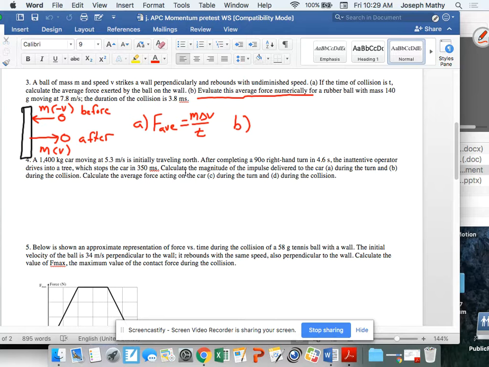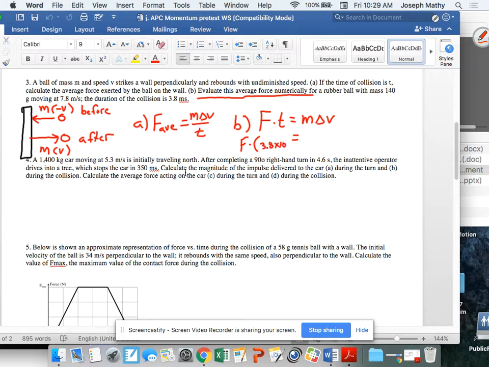B says now we want to calculate this. So F. So this is really asking you, do you understand that impulse equals a change in momentum? And now we're just left with the task of throwing these things in here. So we've got F times here, and then we have to have 3.8 milliseconds.